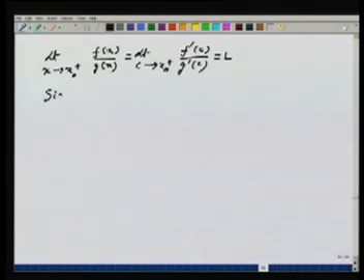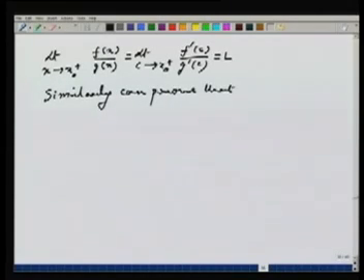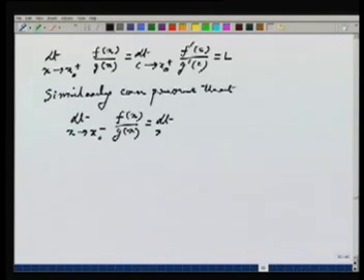Similarly, applying the same technique of applying Cauchy's mean value theorem, we can prove limit x going to x naught minus f(x) by g(x) is also equal to limit x going to x naught minus f prime x by g prime x.